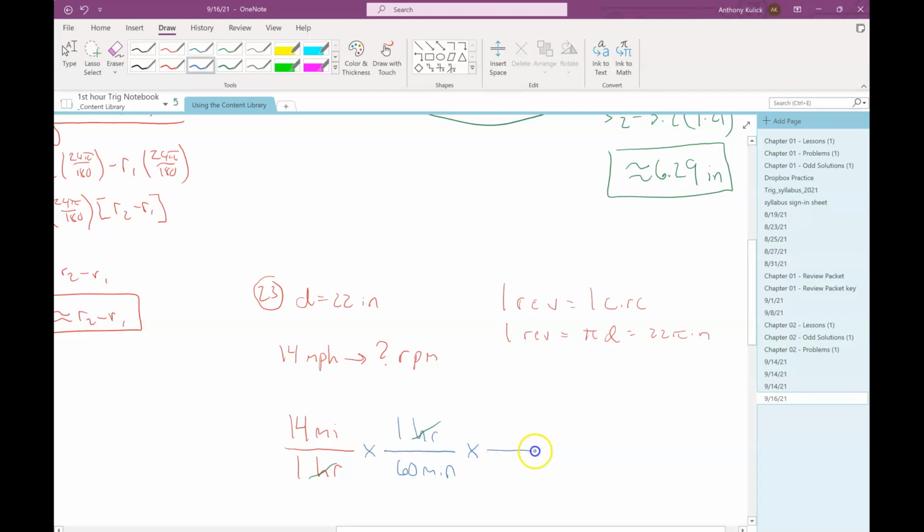So let's think here. I know that 1 mile, I don't know how many inches it is, but I know it's 5,280 feet. And I know then that 1 foot is 12 inches. So when I do those multiplications, the miles cancel and the feet cancel. Now I'm left in inches per minute.